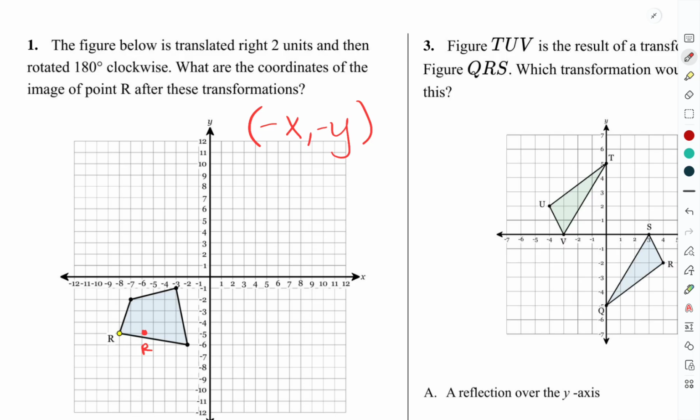If you just look at it, maybe you'd be able to see how far it would end up if it went 180 degrees. But regardless, my mathy rule is I switch the signs on both of them. So if my point is currently at -6, -5, and I switch the signs on both, then R, after a rotation of 180, would end up at 6, 5, positive. And so that would be my answer. +6, +5.